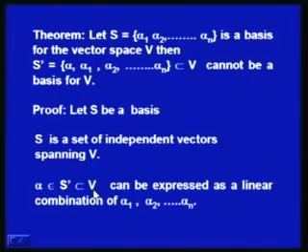Since alpha also belongs to V, S dash being a subset of V, alpha can be expressed as a linear combination of alpha 1, alpha 2, up to alpha n. That is the very definition of basis. Any vector alpha in V must be expressed as a linear combination of the vectors of the basis.